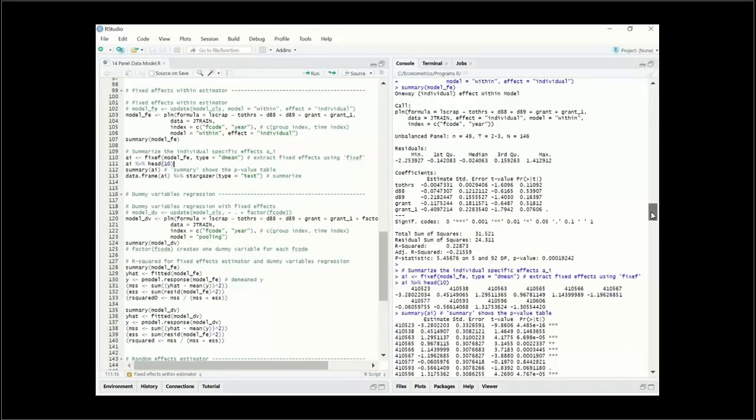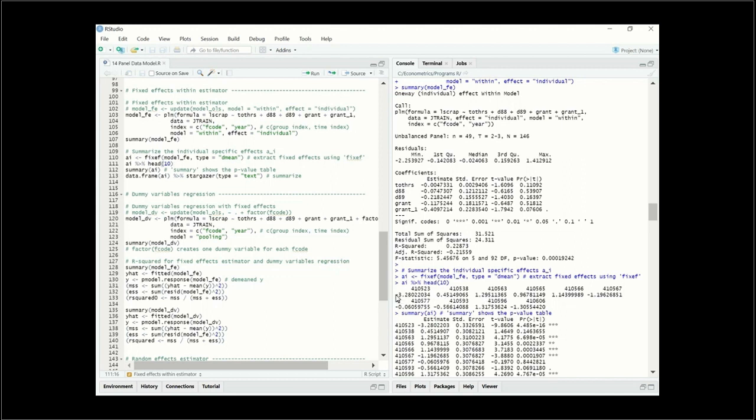For the first firm, the fixed effect is minus 3.28. For the second firm, we have 0.45. For the third firm, this is the fixed effect, and so on. Each firm has a fixed effect that does not vary over time, and it's something specific to that firm that makes scrap rates higher or lower.